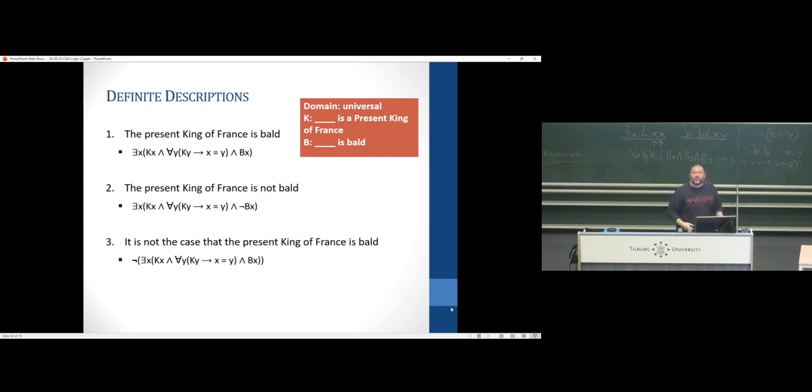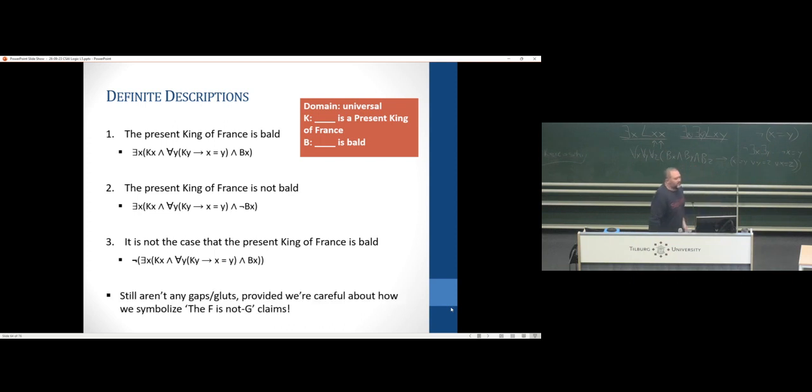And there's no problem with 1 being false, implying 3 is true, because 3 doesn't mean there's any present king of France. So if we're careful with how we do our symbolizing, we can still maintain the idea of no gaps and no gluts. It's nice housekeeping. It means that we can still maintain our assumptions that we started off with.